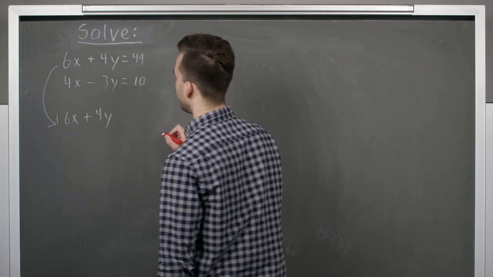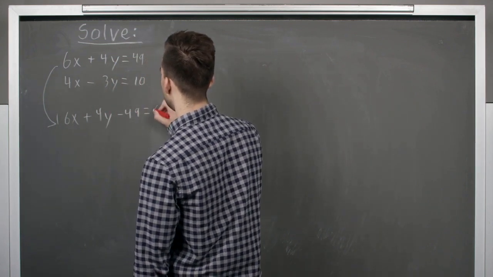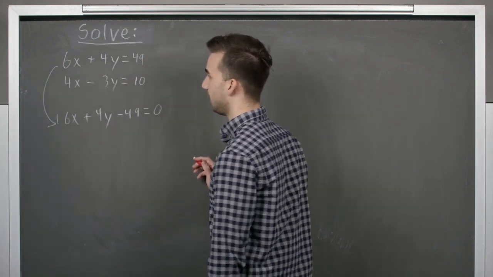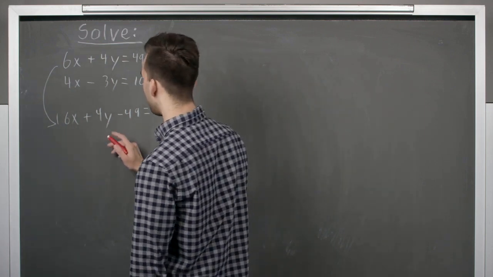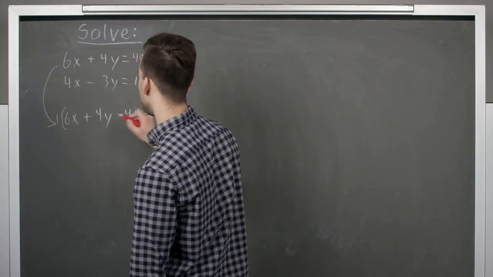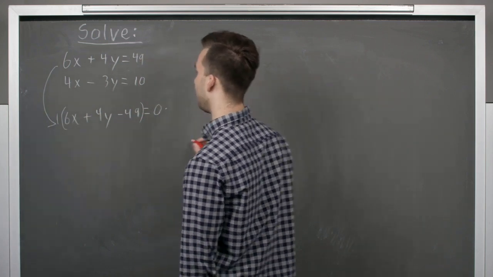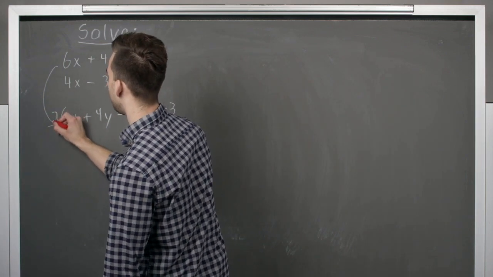If you subtract 49 from both sides, minus 49 is equal to 0. And we want to multiply this to get up to, let's say, positive 12. So what do we need to multiply both sides by in order to get 12y? Well, we need to multiply it by 3. So we're going to multiply both sides by 3.